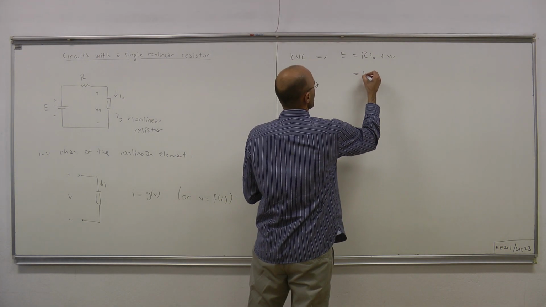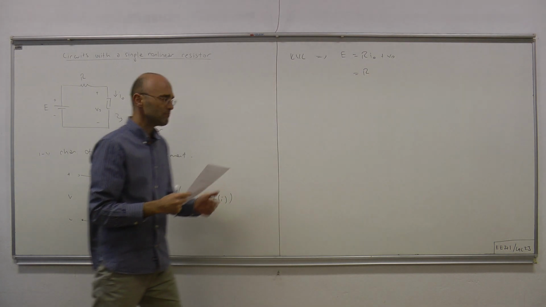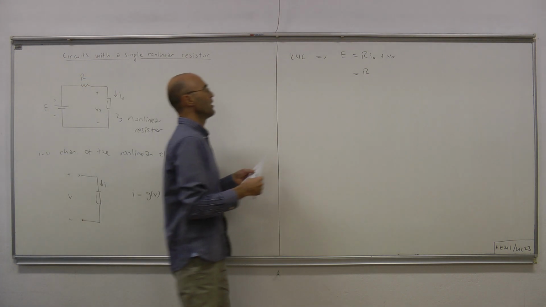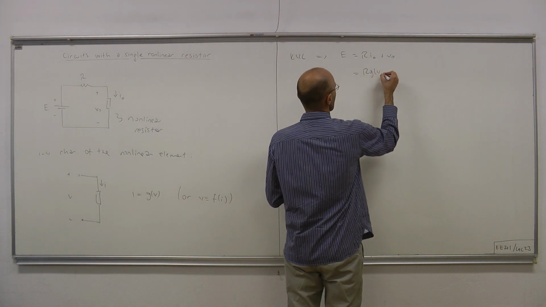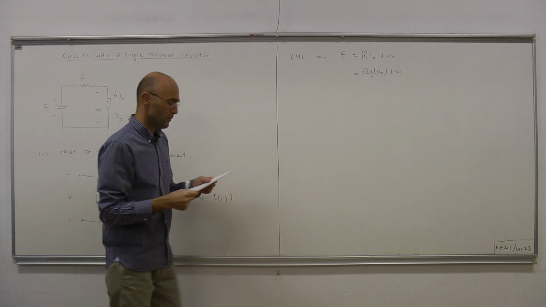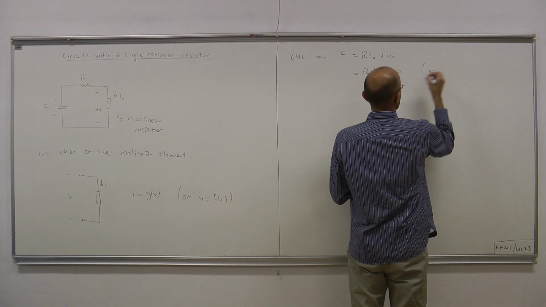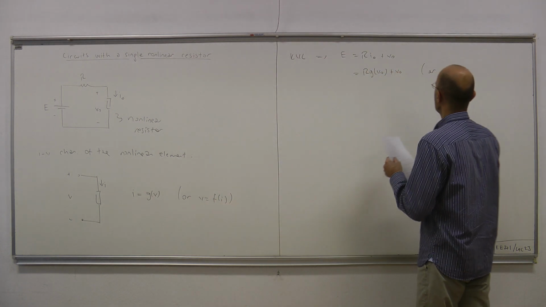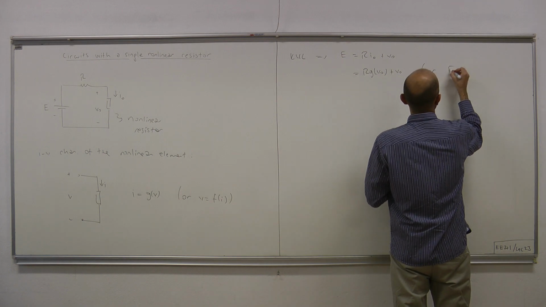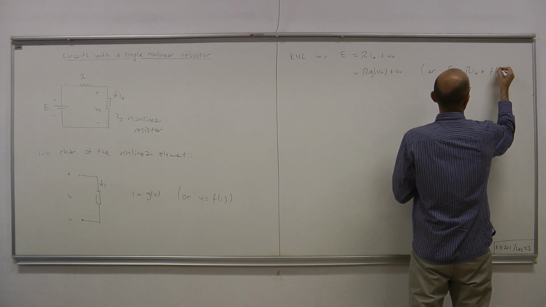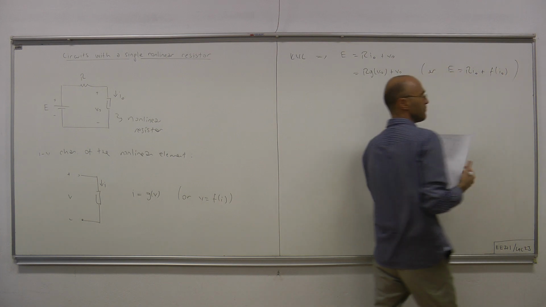If you replace the current by its expression in terms of voltage, you have an equation only in terms of voltage. Or, if you use the relation V equals some function of I, then we have E equals R I0 plus F of I0.